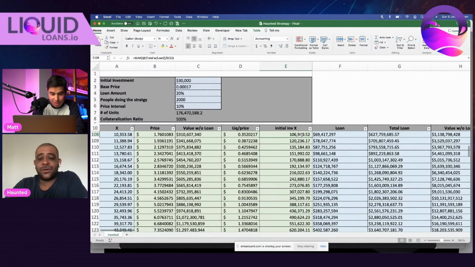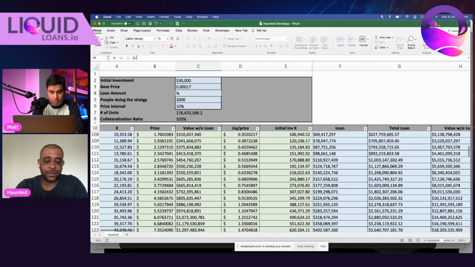So you've 10x'd what you could have gotten. This is just for the traders, for people who love risk. I'm not recommending this at all. I think 10% is what you should be doing, but I'm just showing you what's possible.